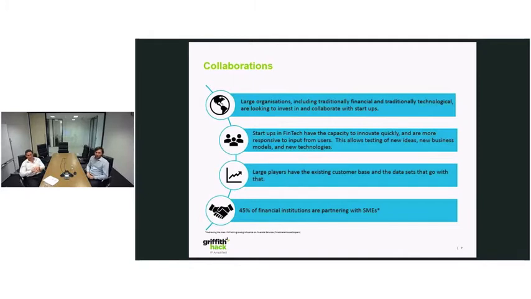So what we're seeing in the space is there is real collaboration between the large existing players and the small, medium enterprises who are really pushing the innovation of new ideas.